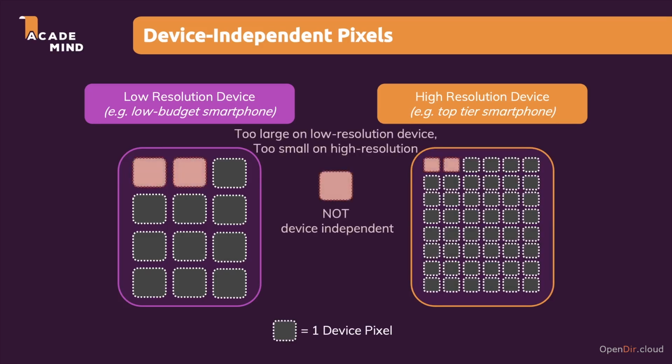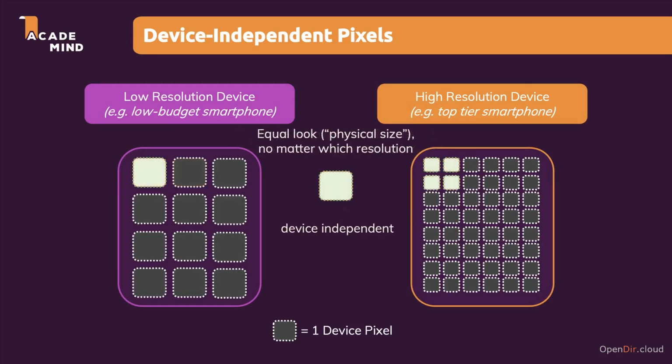If we make something, let's say 10 pixels wide, then 10 pixels on a high-resolution device would be way smaller than on a low-resolution device, which has less pixels on the screen to begin with. And that's why it's device-independent. It will automatically be scaled.